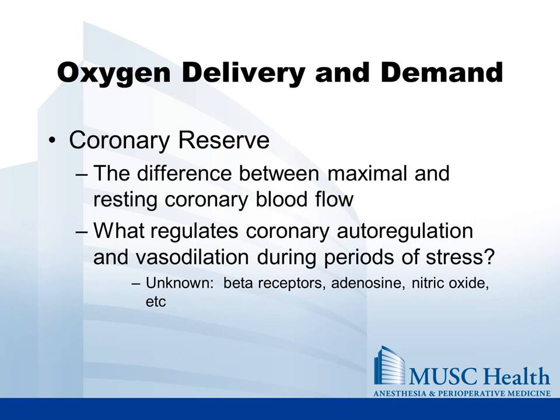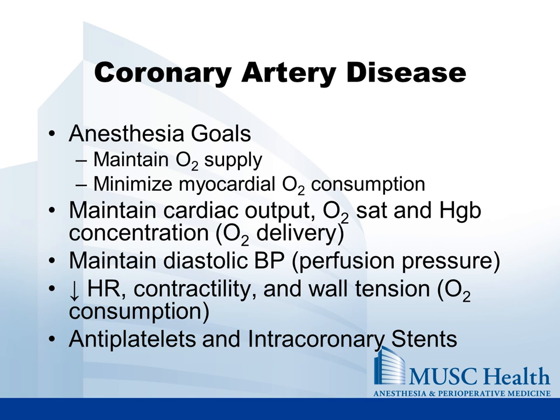Your catecholamines, beta receptors, maybe nitric oxide can regulate vasodilation and autoregulation of your flow a little bit, but it's not really well known. And your myocytes will pretty much extract oxygen maximally at all times. So again, there's not a good buffer system.